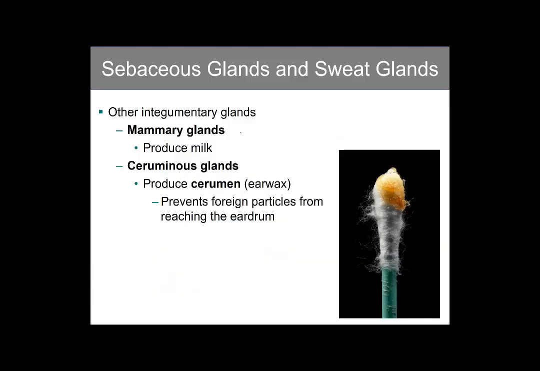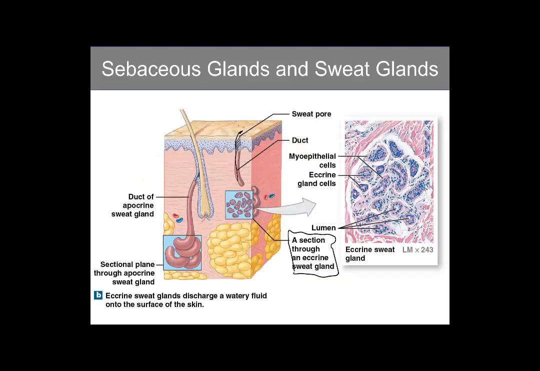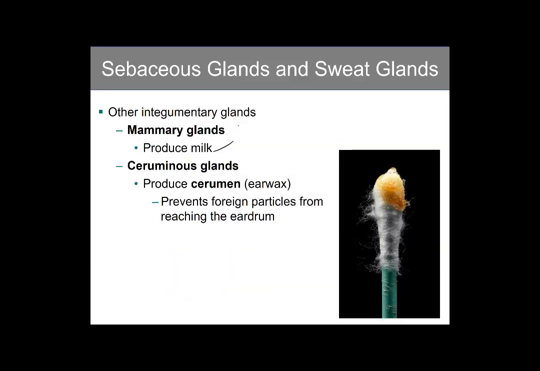Other integumentary glands, mammary glands, produce milk and are located within the breast tissue of both men and women. They are more active in women, but there are some mammals where the males produce milk. They can anyway. Ceruminous glands are found in the ear canal, and they produce a product called cerumen, which is ear wax.